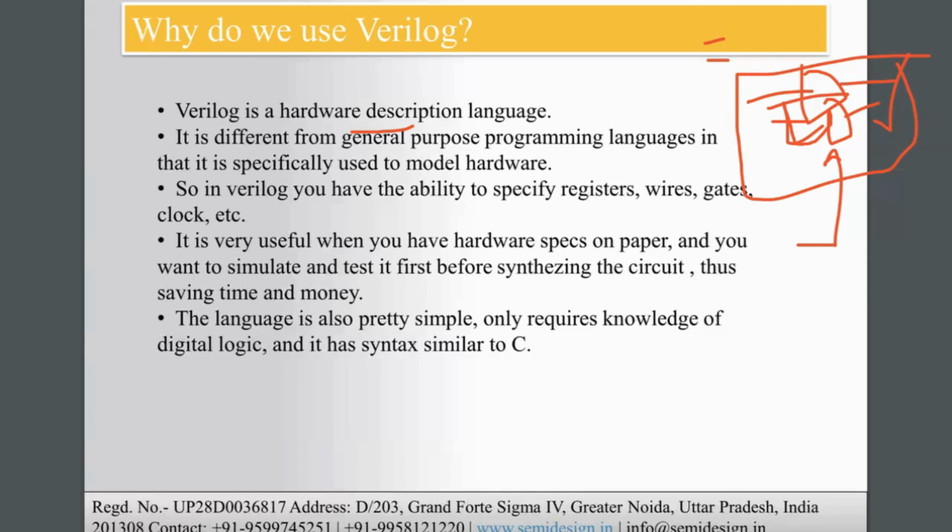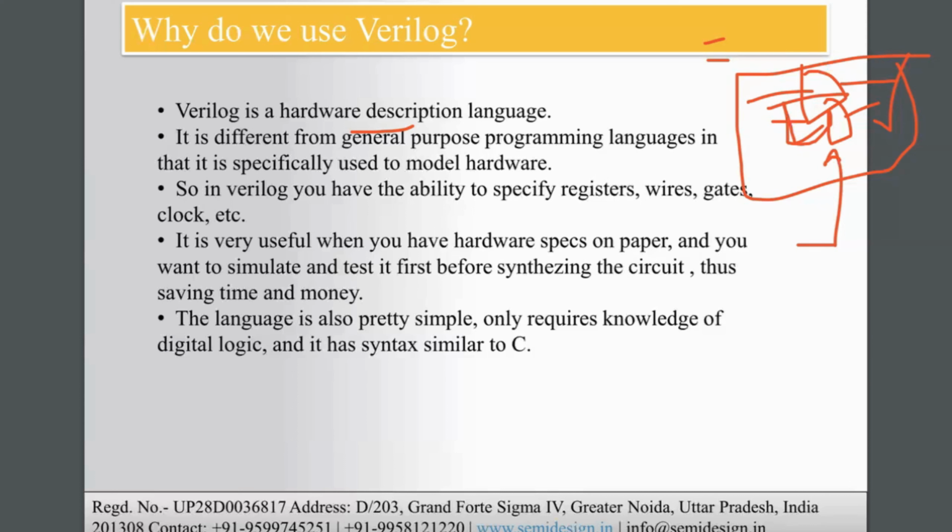Ma'am, can we say the simulation is simply compiling the program? See, compilation is different. Compilation just checks the syntax errors. After compilation, we need to do the simulation. Simulation means getting the output. Before the simulation, we do the compilation.